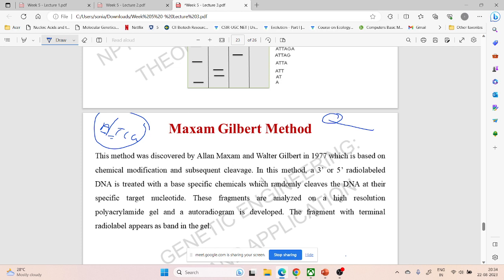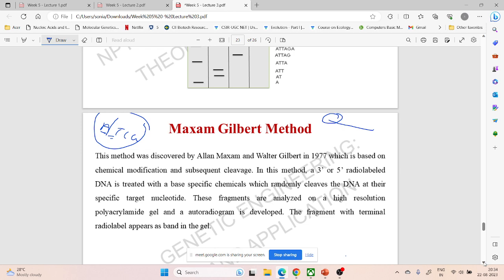What is written is that in this method a 3' or 5' radio labeled DNA is treated with base specific chemicals which randomly cleave the DNA at their specific target molecules. These fragments are then analyzed on a high resolution polyacrylamide gel and then the radiogram is developed.